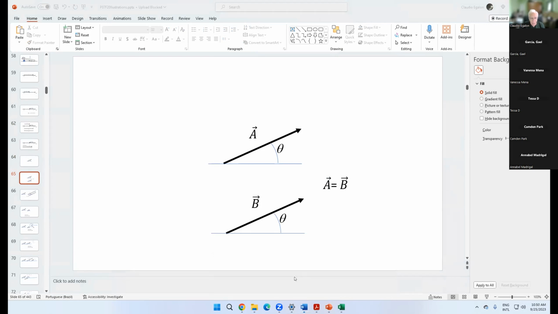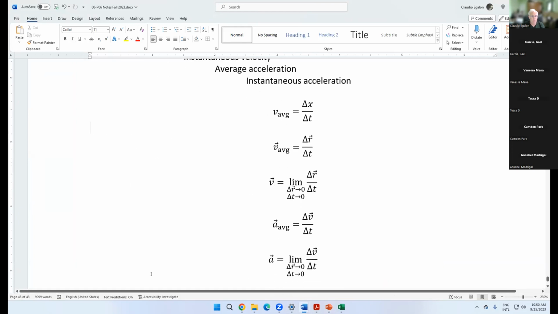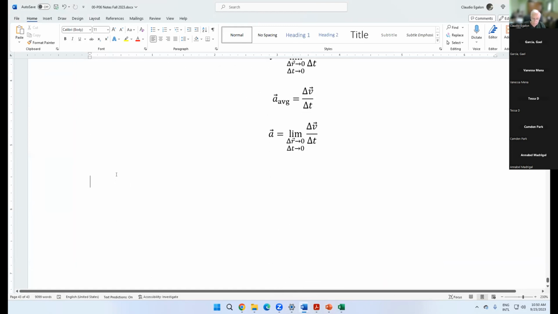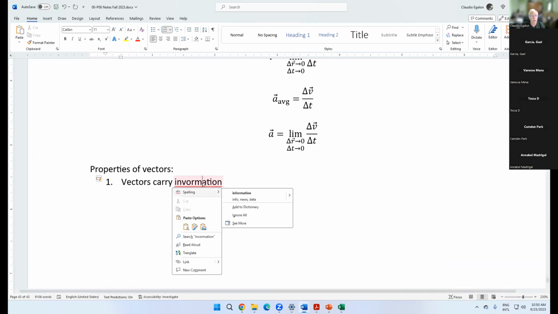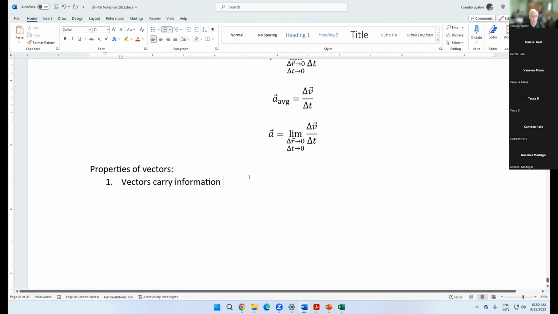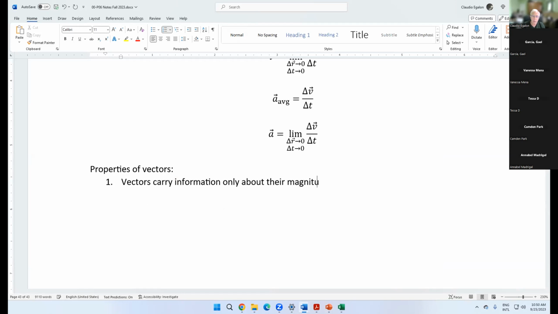Let's write it down. So here you go. Properties of vectors. One, vectors carry information only about their magnitude and direction.